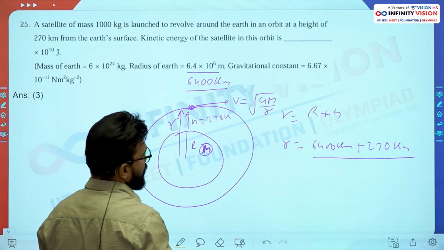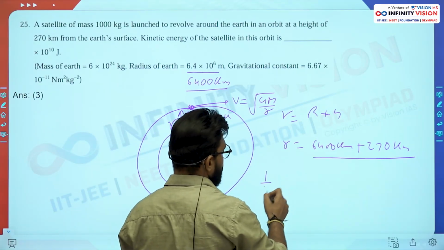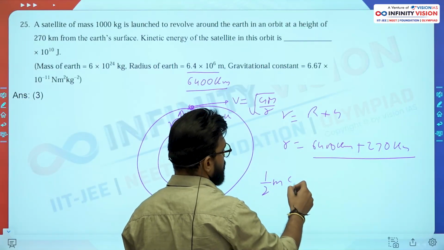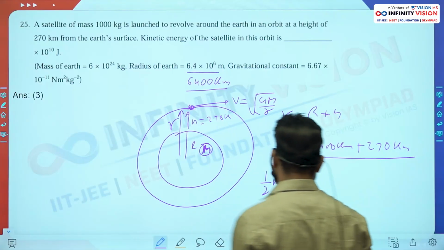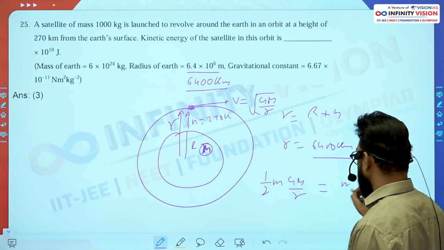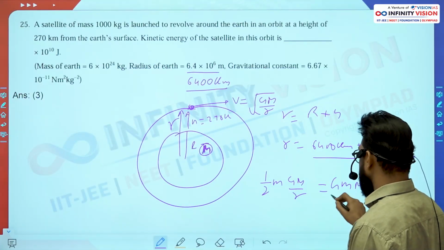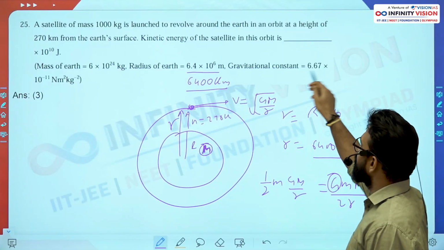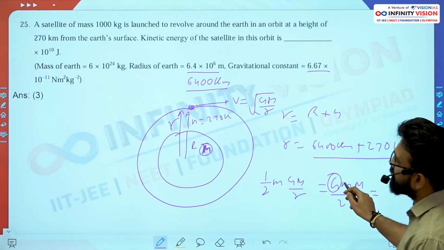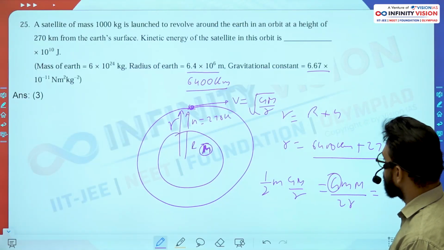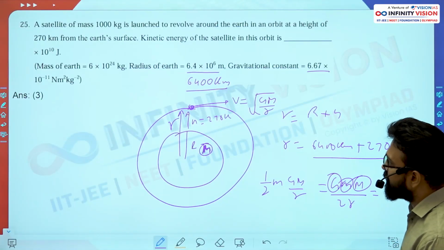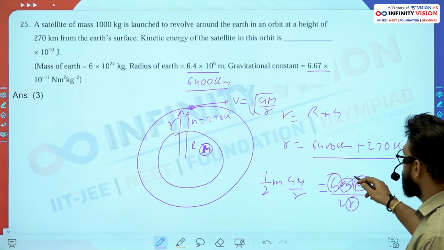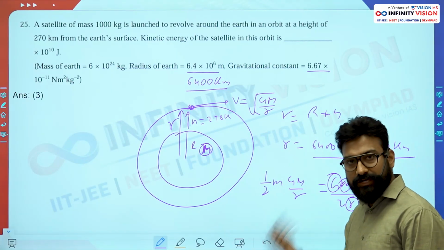From this, the kinetic energy can easily be calculated as half m v square, where m is the mass of the satellite and v square is GM by r. So this would be G M m by 2r. The gravitational constant is given, the mass of the satellite is 1000 kg, the mass of Earth is 6 into 10 to the power 24 kg, and the orbital radius is the sum of these two, converted into meters.